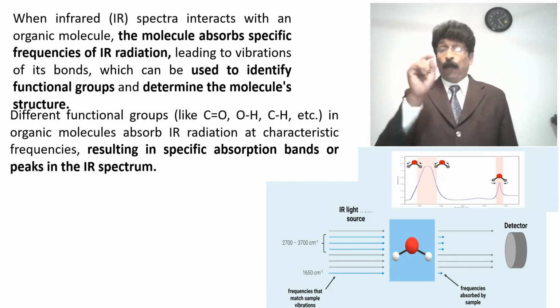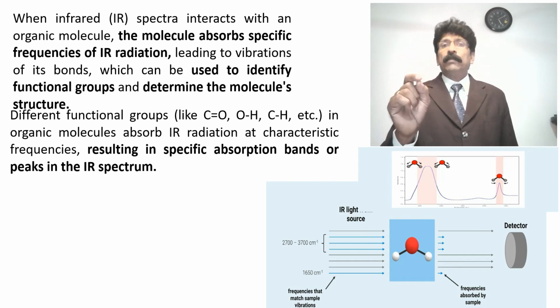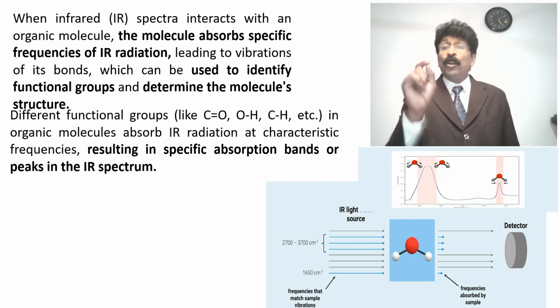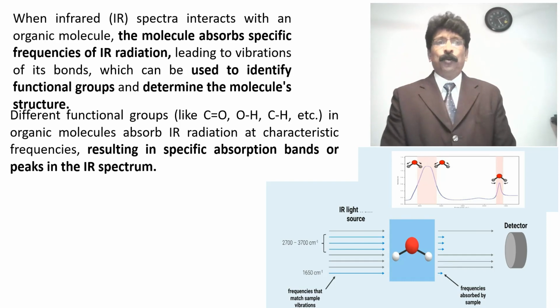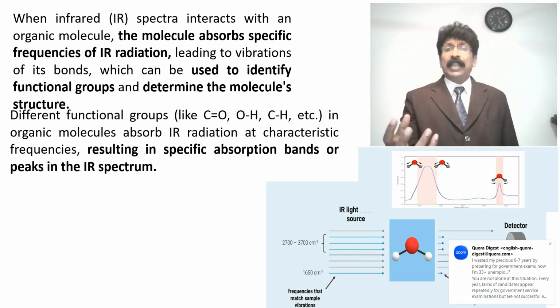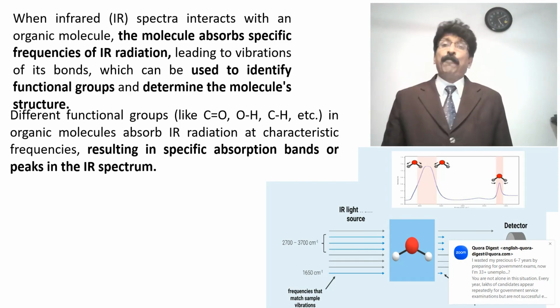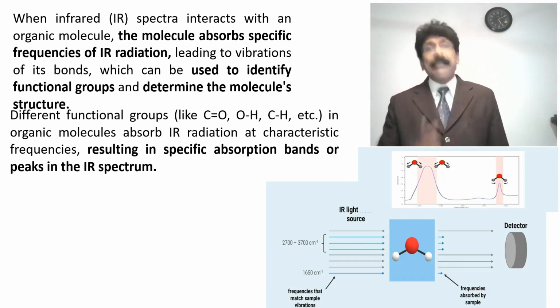The vibrational energy will differ when IR rays fall on the organic molecule. An organic molecule absorbs IR radiation at characteristic frequencies, resulting in specific absorption bands or peaks in the IR spectrum.